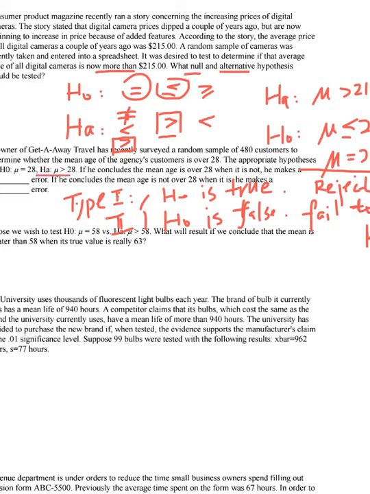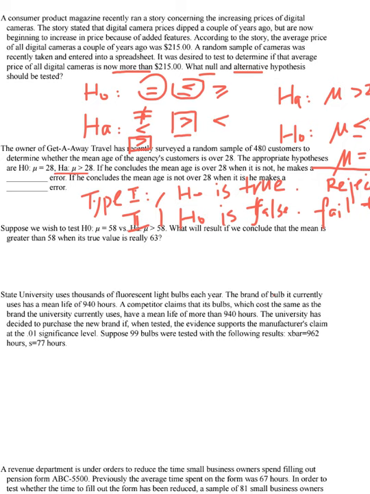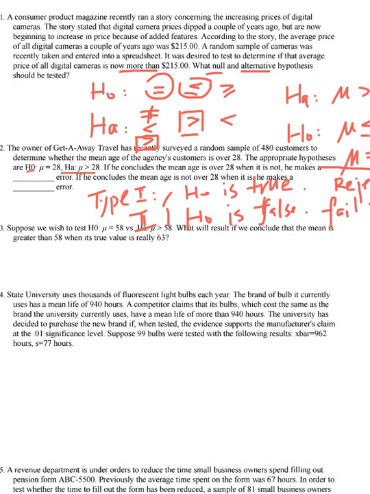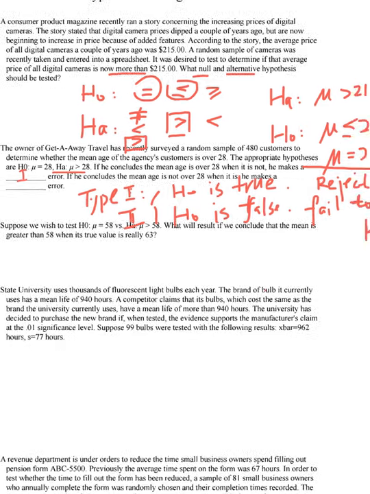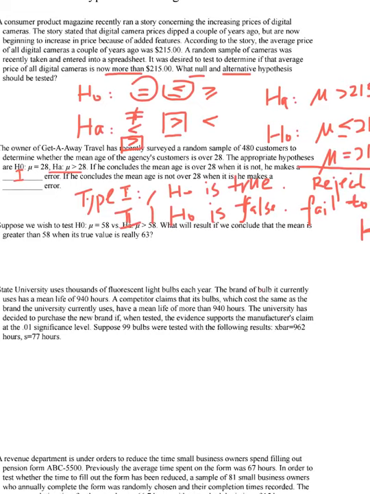He concluded HA, that means he rejects H0, right? But H0 is true. So that is a type 1 error.